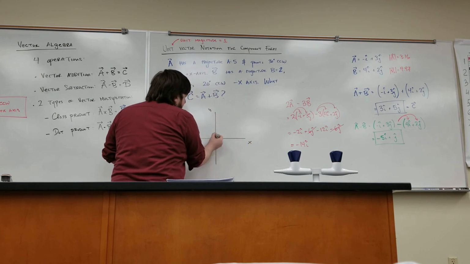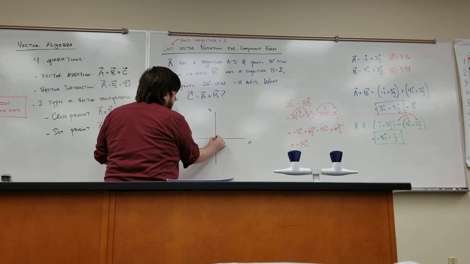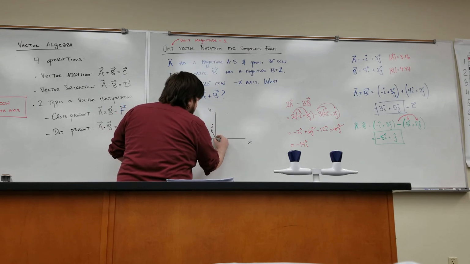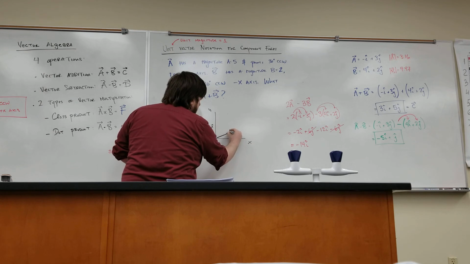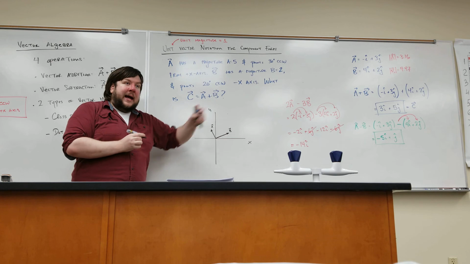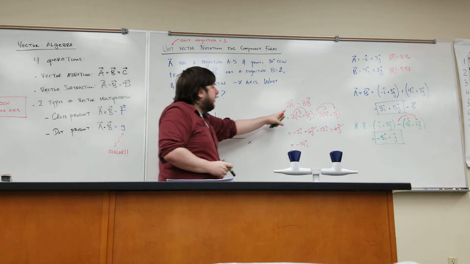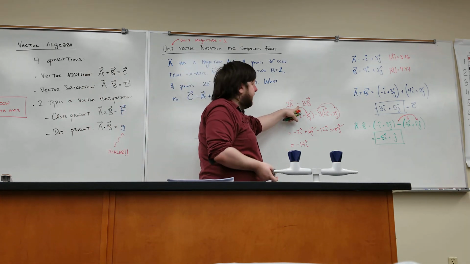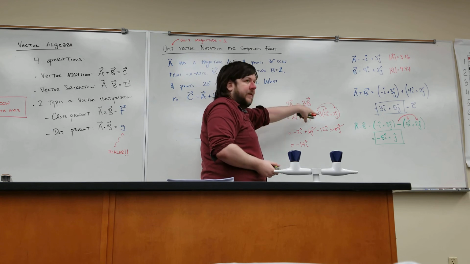if I were to have a, which I said pointed like this, and I were to have b, which I said pointed like this, I wouldn't use these vectors to do my subtraction. Really a subtraction looks the same as addition. This is the same as 2a plus negative 3b.